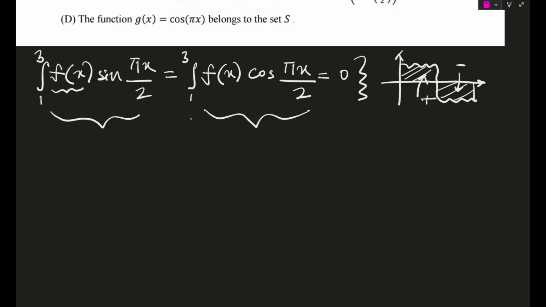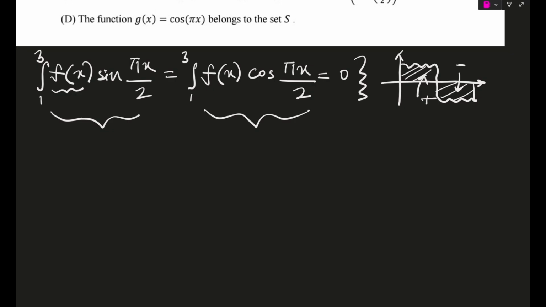If you do a little bit of putting points, say x equal to 1, x equal to 2, x equal to 3, you will notice that if I consider this particular full function, then for the integral to vanish, I already said it must change sign.